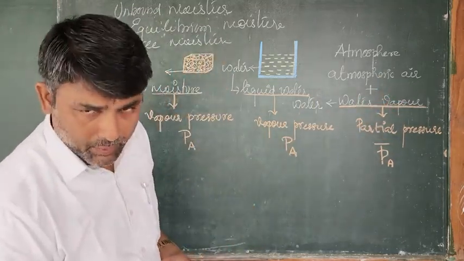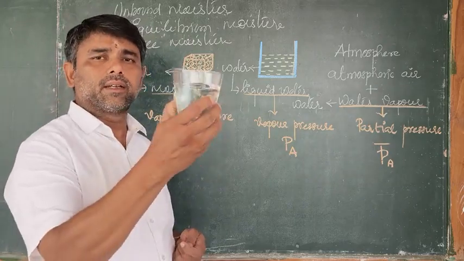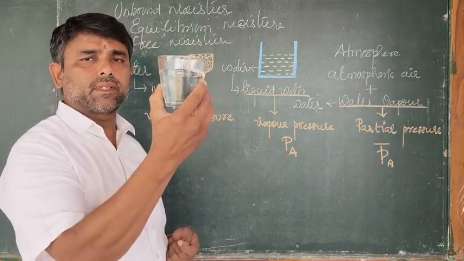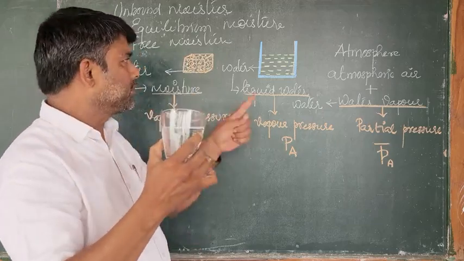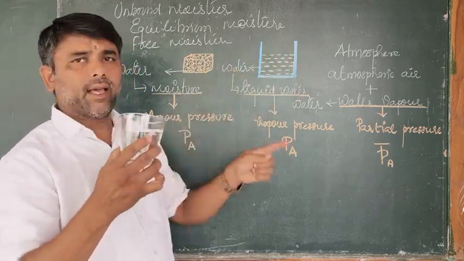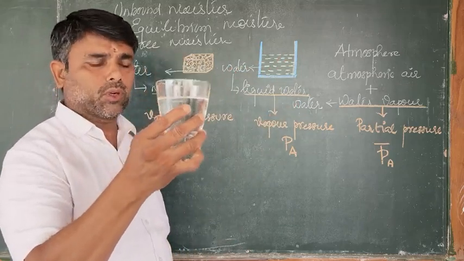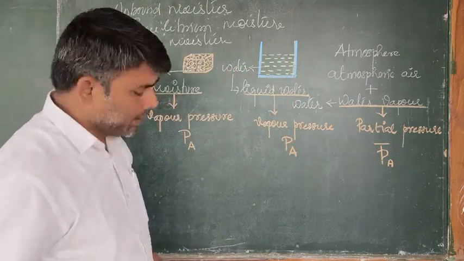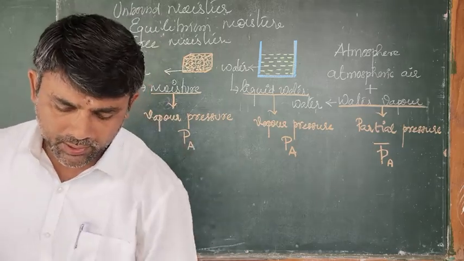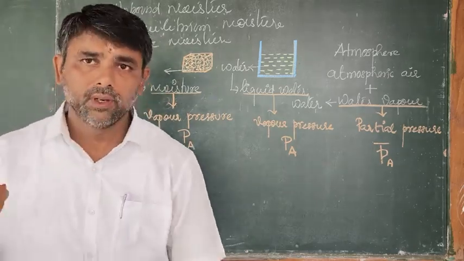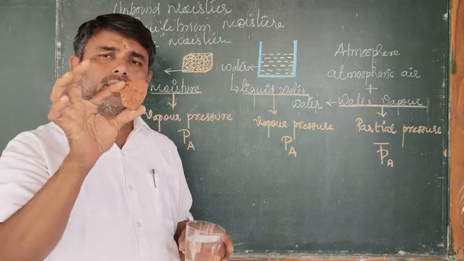Next, I am having a glass filled with a certain amount of water. And next, I am having a brick, an unshaped brick. Now at present it is in the dry form.